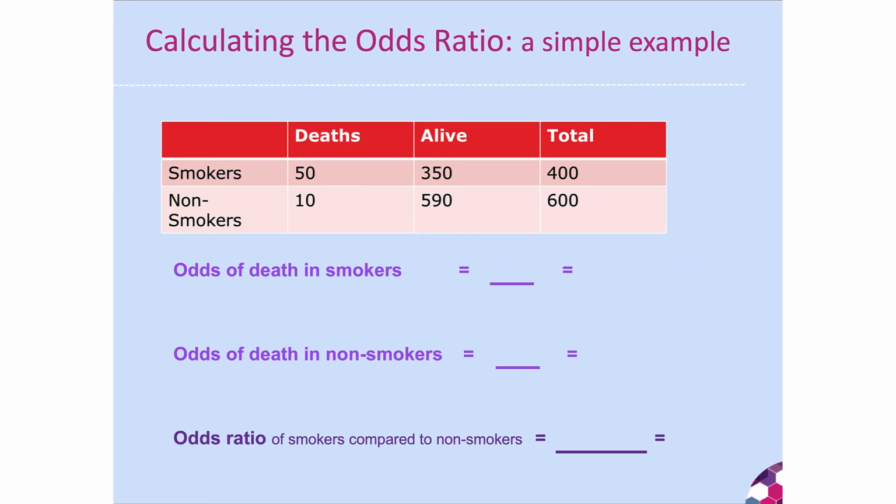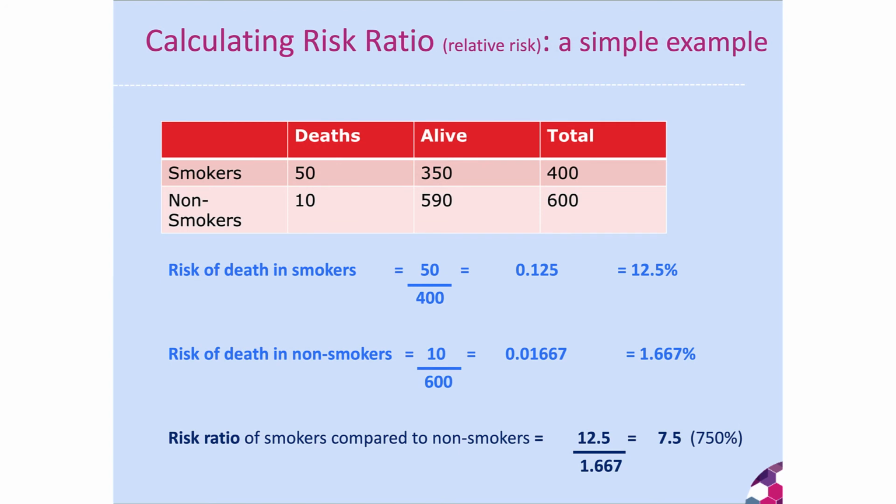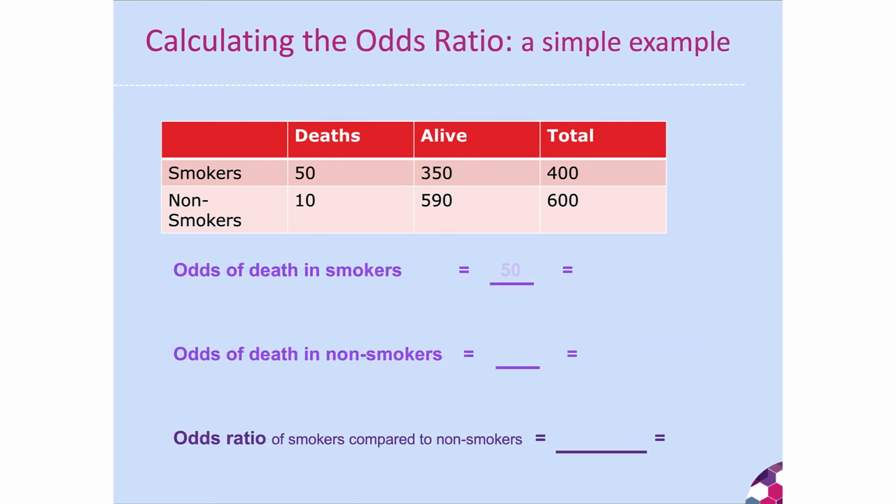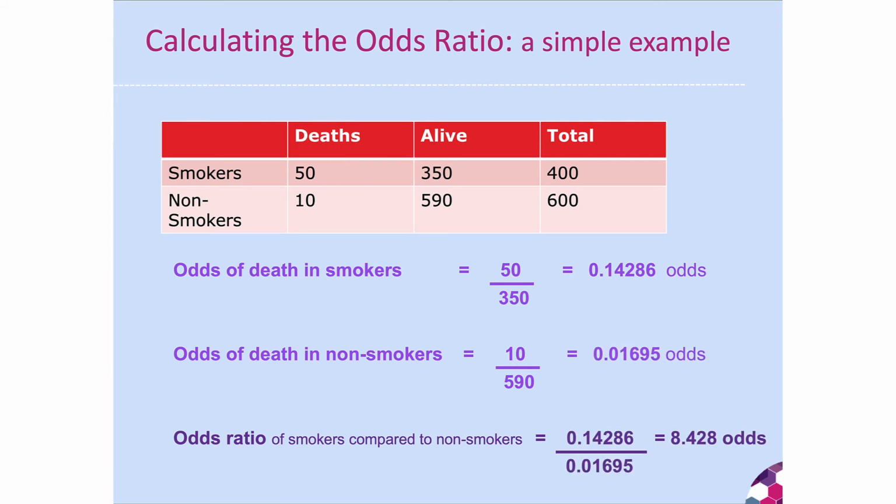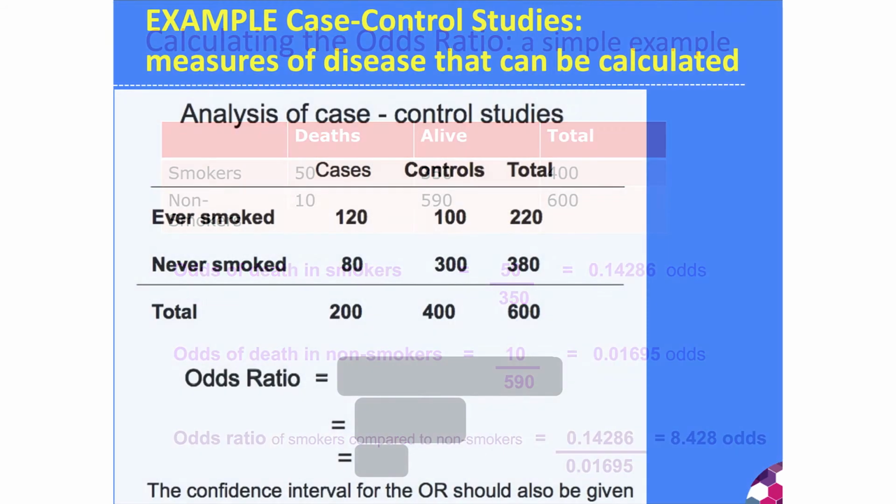So if we go back, remember it's 7.5, so you can see here that the odds are higher. The odds overestimate the potential risks. Now remember, odds and risks are not the same thing, but when risks are small, then the odds are very close, very similar to what the risk value will be, but not in this case.